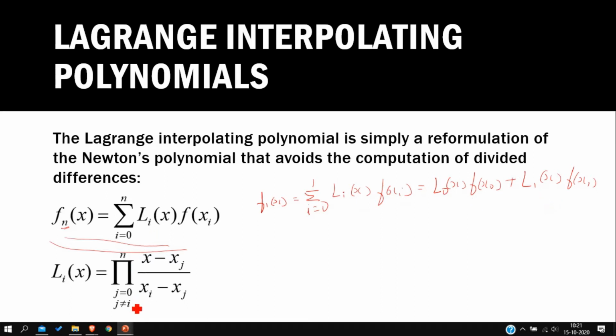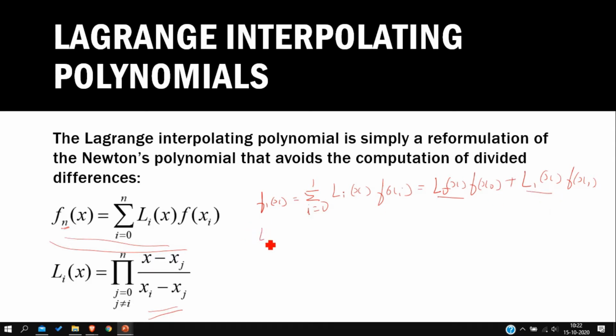For that the second representation is given, that is Li of x equals the capital pi, j equals 0, j not equal to i, to n, of x minus xj divided by xi minus xj. Here our n is 1. So there are two values, L0 of x as well as L1 of x.